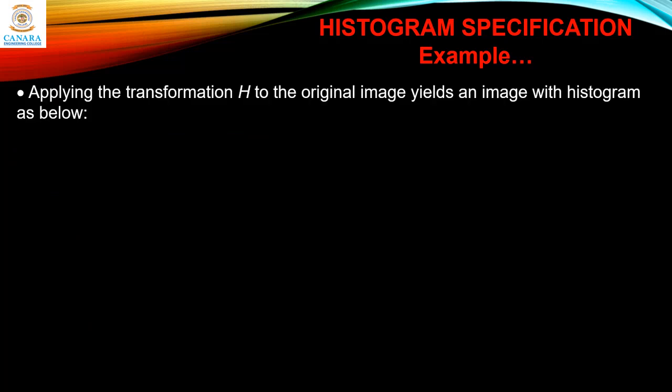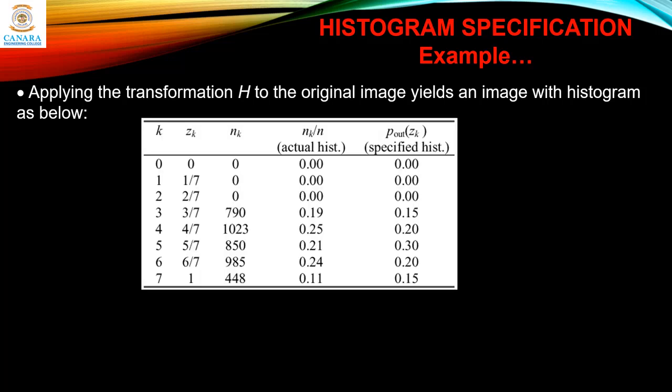So applying the transformation H to the original image yields an image with the histogram as below. These are the K values, the ZK values and the NK values. And now we can observe the specified histogram. This was the task given.